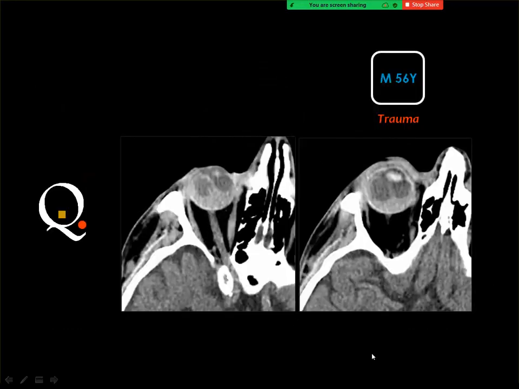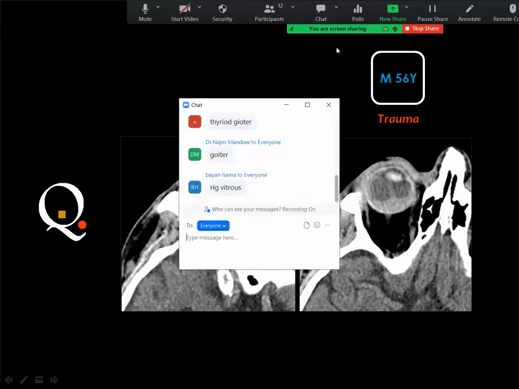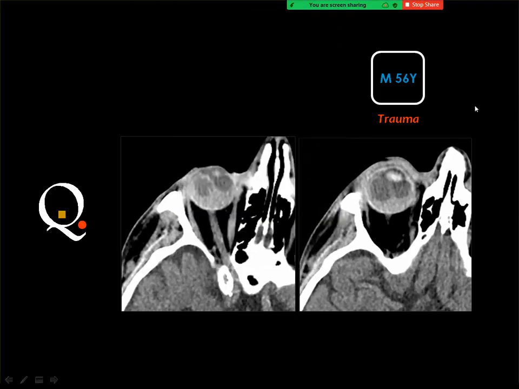The next case is a male, 56 years old, with history of trauma. Yes, and this is vitreous hemorrhage and is not rupture of the globe.